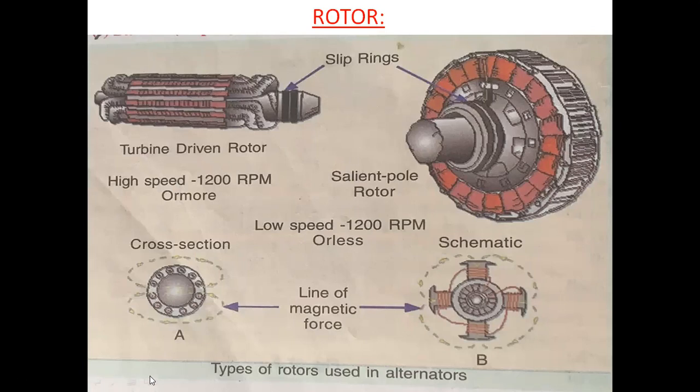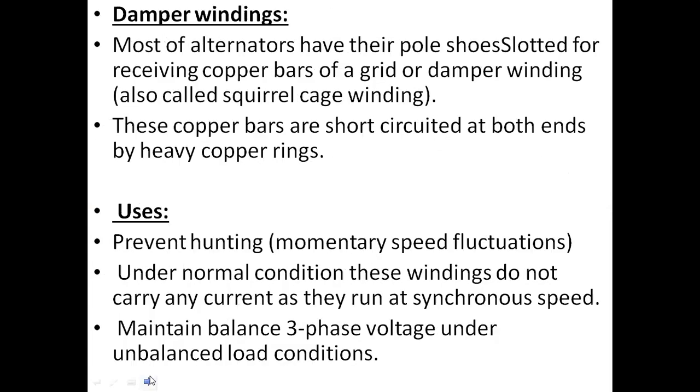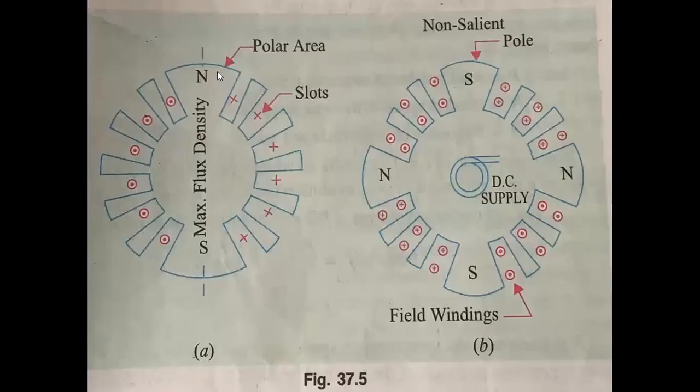See here, these are the central polar areas. These central polar areas are surrounded by the field windings placed in the slots.